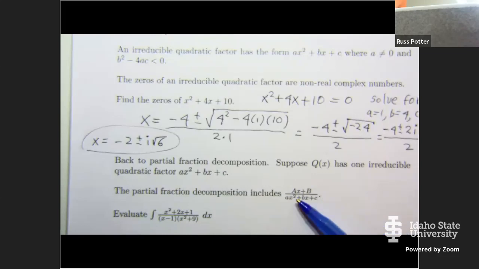The capital A is distinct from lowercase a, and capital B is different than lowercase b. But this will be part of the partial fraction decomposition. And we know how to compute integrals of rational functions of that form. We've seen a few examples of that already.